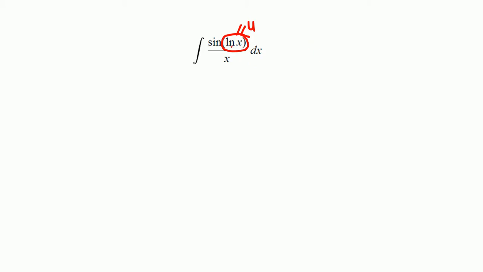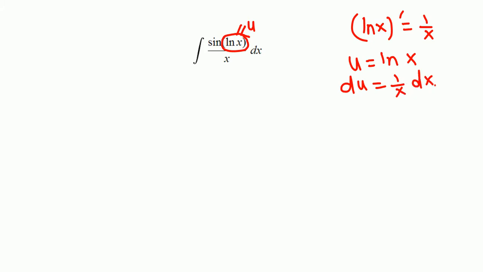Let's see, what is the derivative of natural log of x? The derivative of natural log of x is 1 over x. So 1 over x is the derivative of u. The differential of u is 1 over x with respect to x, dx.